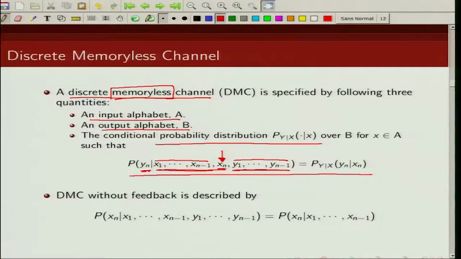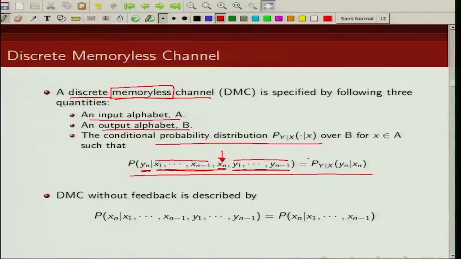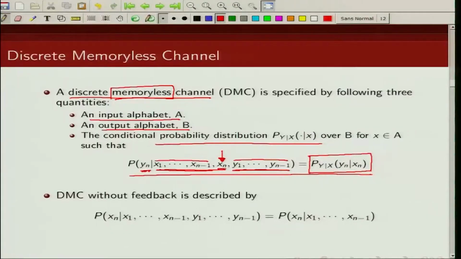So for a memoryless channel, probability of yn given past values of y's or past values of x only depends on the current value of x. So probability of yn given x1, x2, up to xn, y1 to yn minus 1, only depends on yn given xn. Now we define a discrete memoryless channel without feedback as follows.